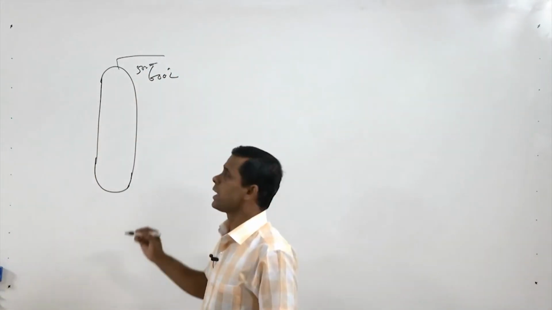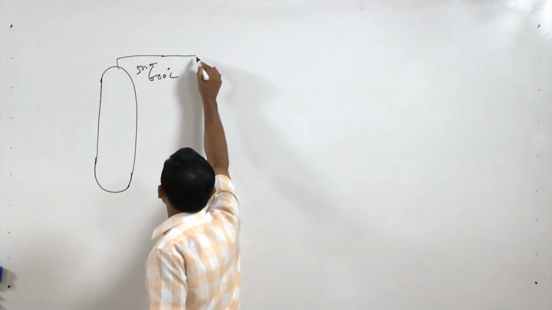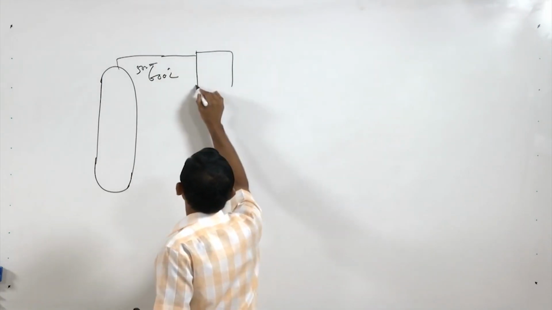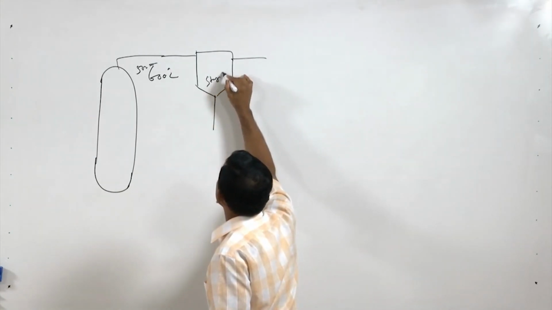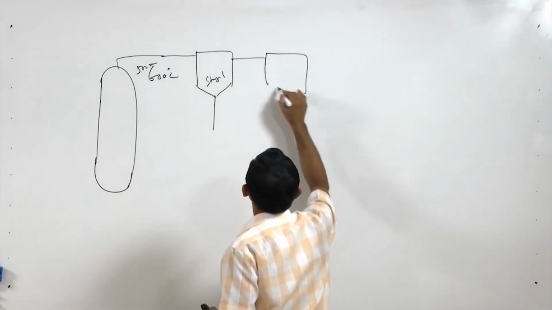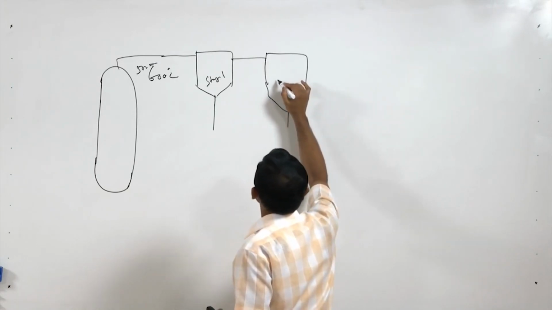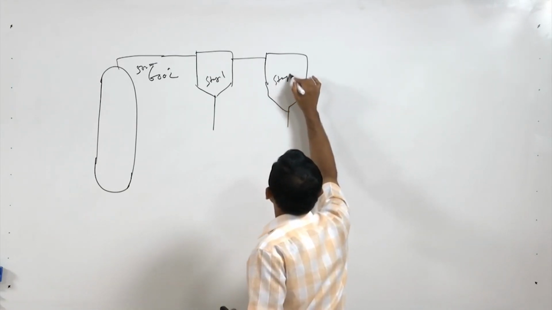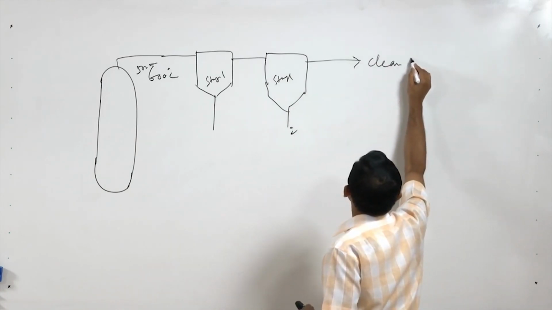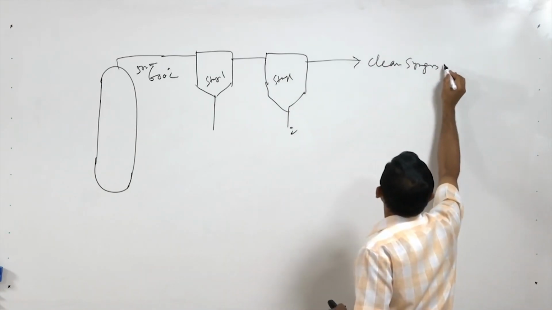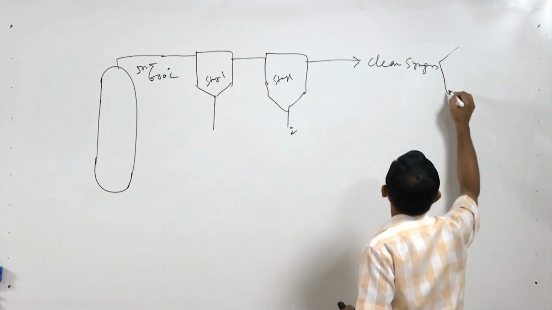So, that hot syngas is cleaned: particulate removal in stage 1, then acid gas removal in stage 2, then clean syngas for different applications.